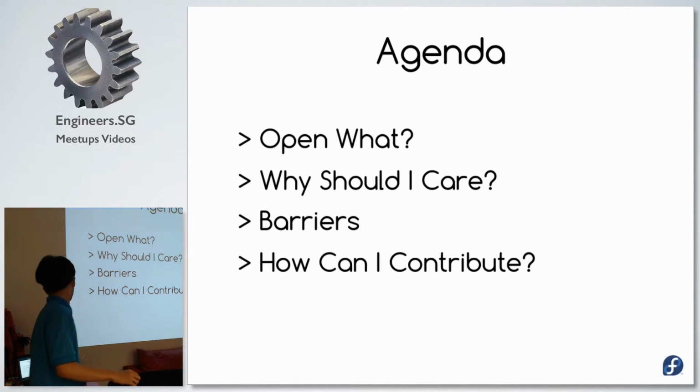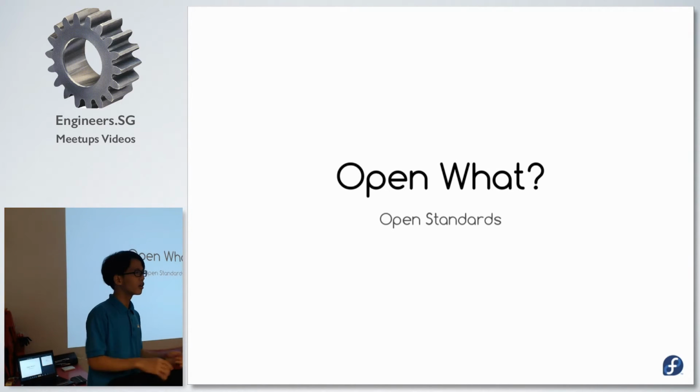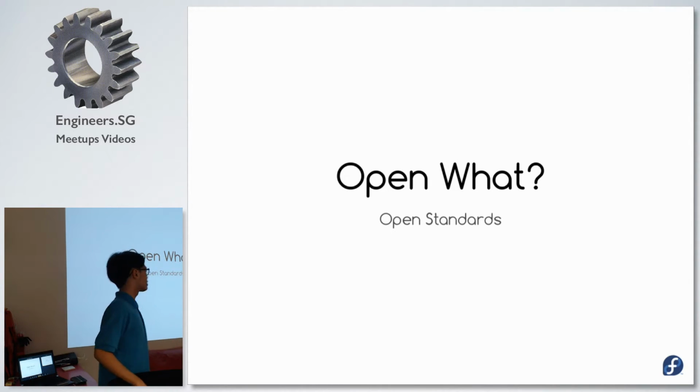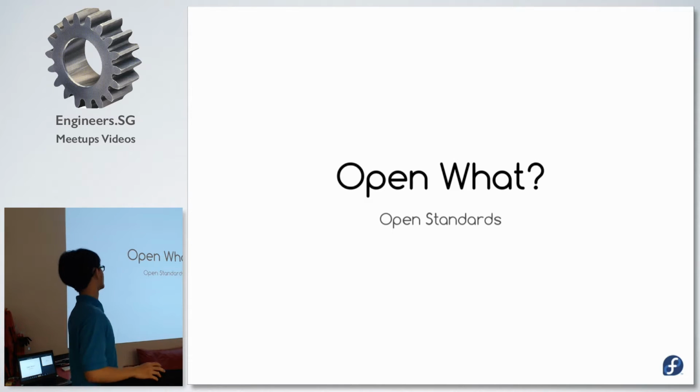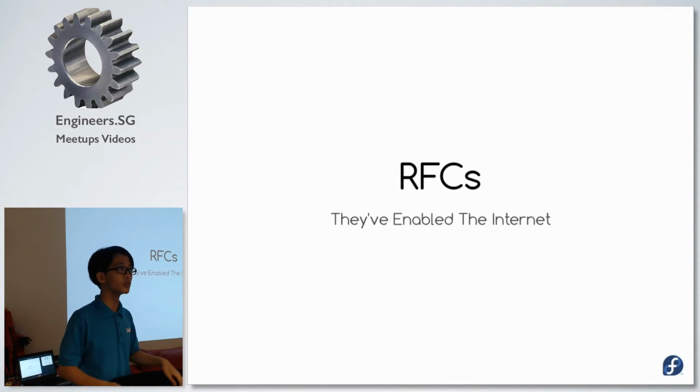Alright, so first thing I want to talk about is open standards. A lot of people, raise of hand, who here knows what open standards are? Okay, quite a number actually. So for those who don't know, it's basically like your RFCs. These are one type of open standards we have.